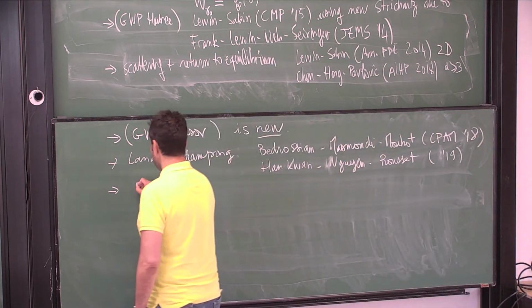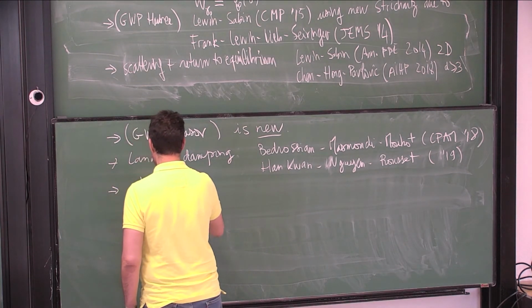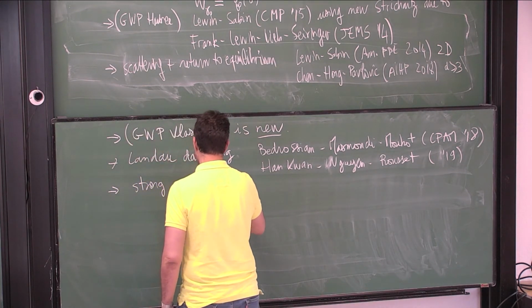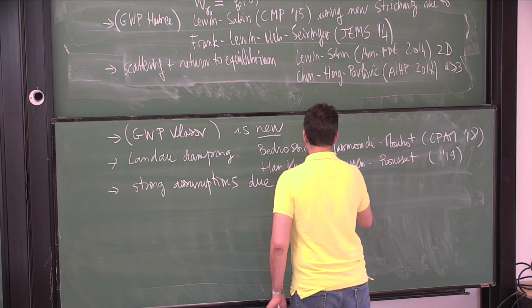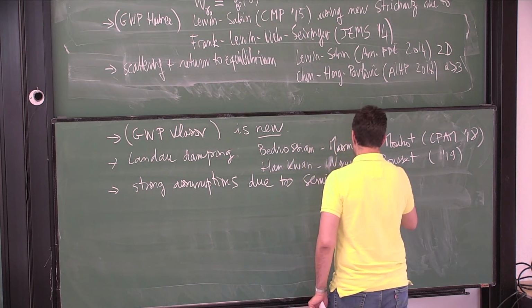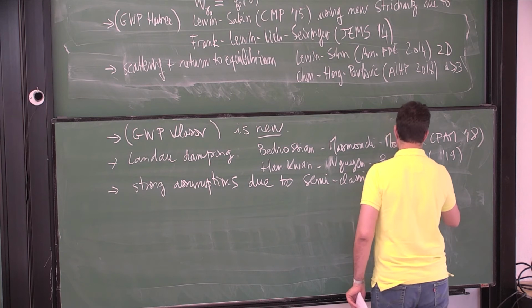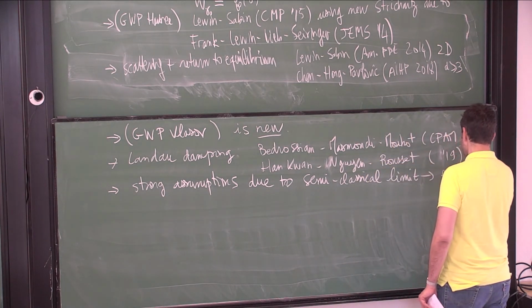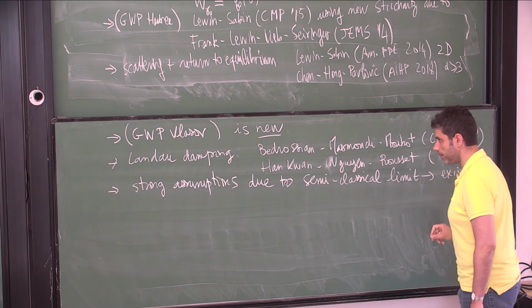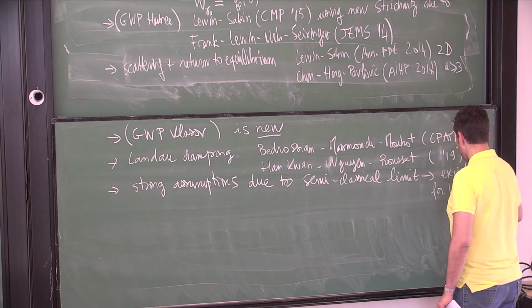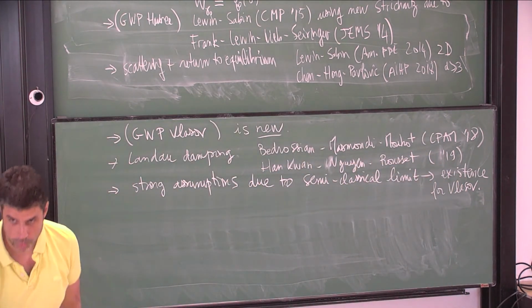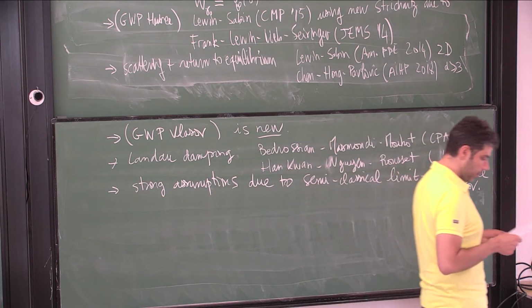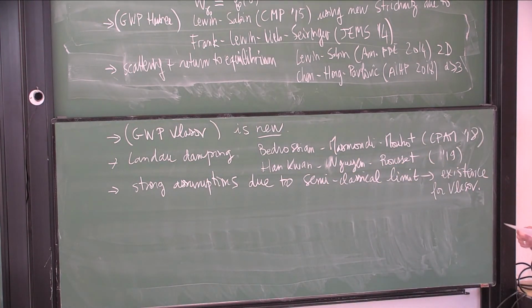So strong assumptions due to the semi-classical limit, which is the way we get existence for Vlasov. After all, going through the quantum is one way of regularizing Vlasov. Maybe it looks complicated, but it's also physically relevant.